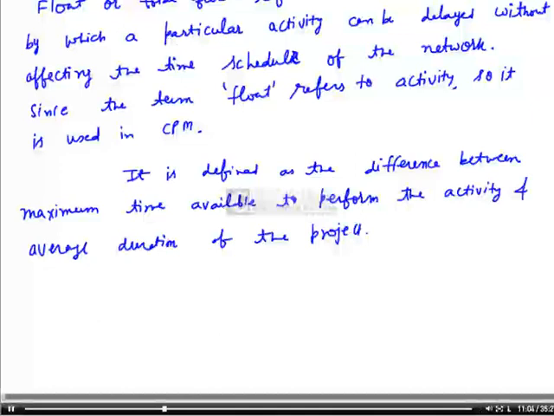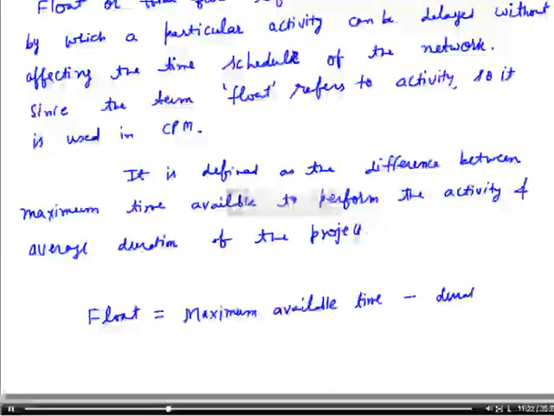So float is the maximum available time minus duration of an activity.